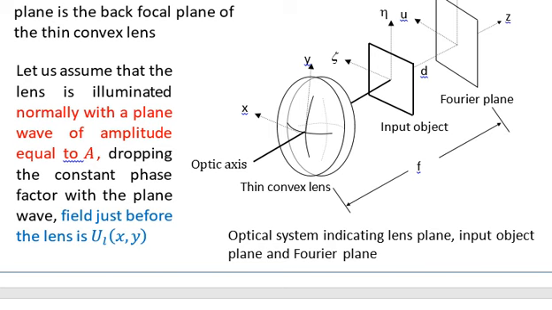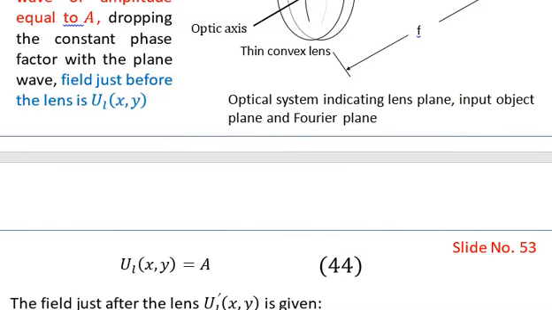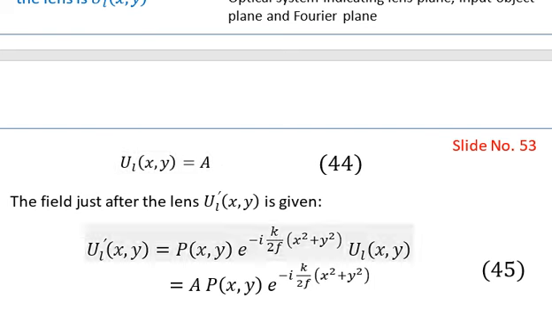So the field just before the lens is a plane wave with amplitude a, having dropped the constant phase factor. The field just before the lens, u_l of x, y, is equal to a, because in equation number 44 on the right hand side we have dropped the constant phase factor due to the plane wave.